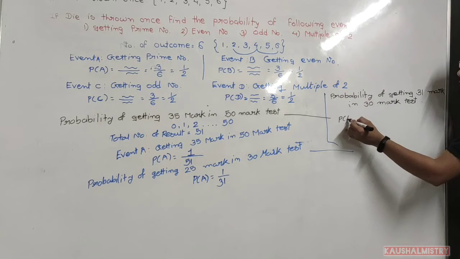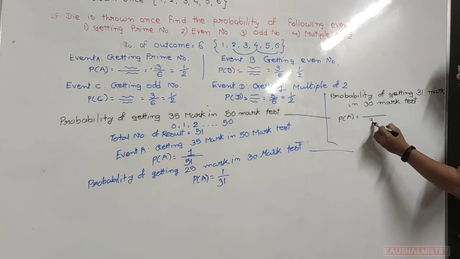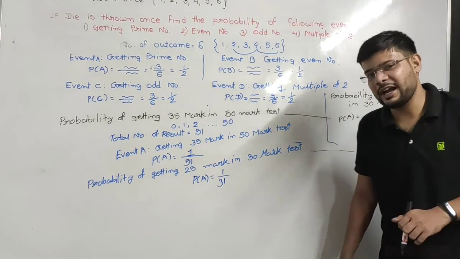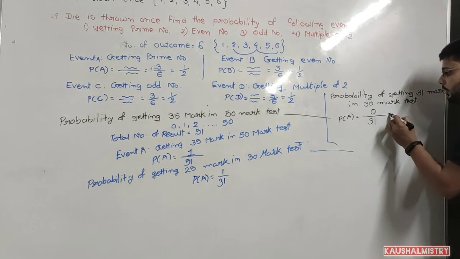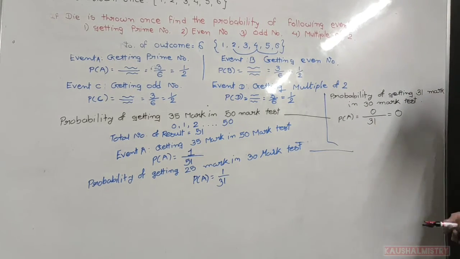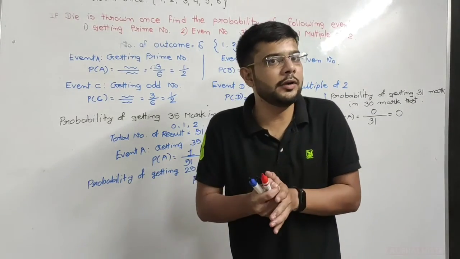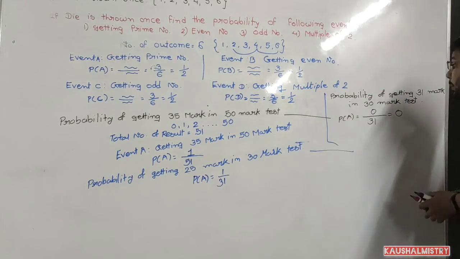So this will be P of A. How many results are possible? Total 31. लेकिन आप जानते हो 30 मार्क के पेपर में 31 मार्क आएंगे? That will not be possible. So this will be 0. 30 मार्क के पेपर में 31 मार्क कैसे आएंगे? This will be an impossible event. So the probability of this event will be 0.